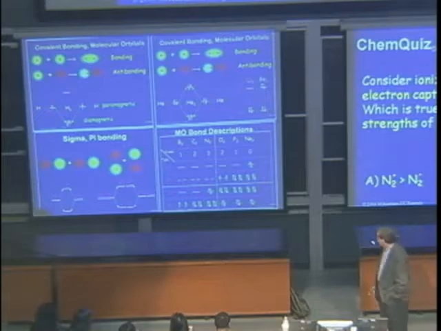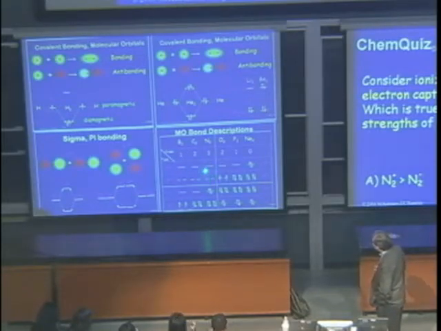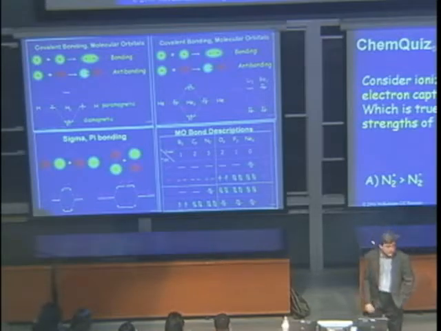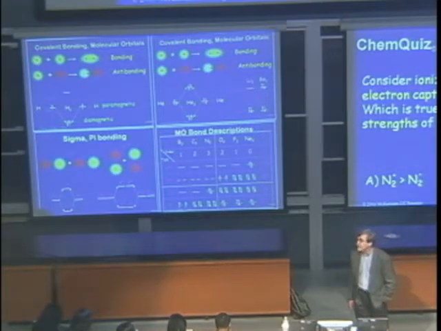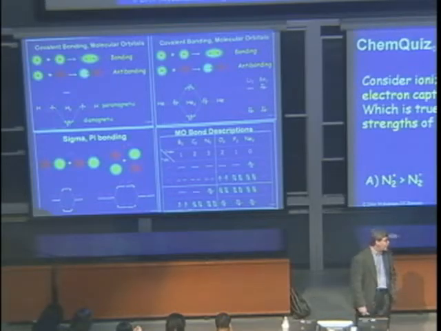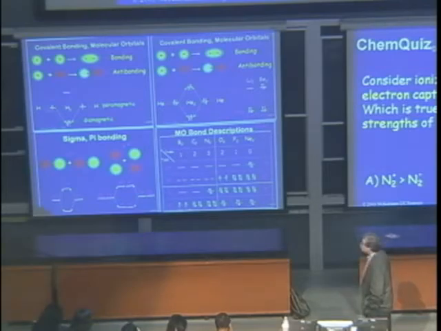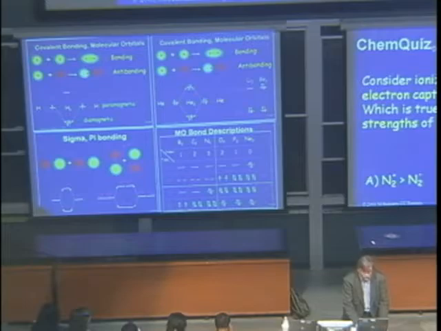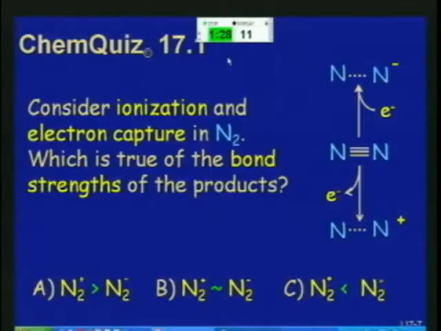Or you have N2 minus, so you put an extra one in there. Count the number of bonding minus the number of antibonding, divide by 2, and then compare to the number you got before for the N2 plus. Why not discuss it with each other? You really need to know that, at least by Monday in a week.